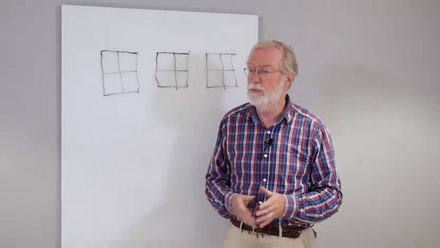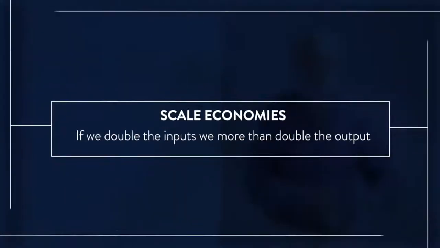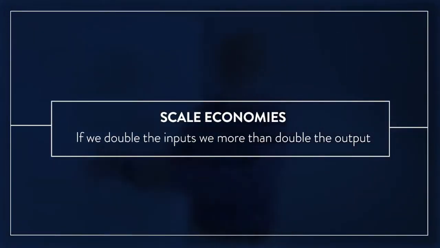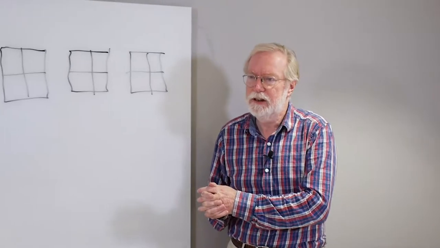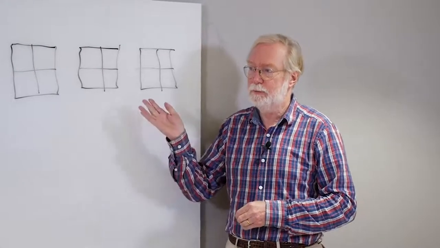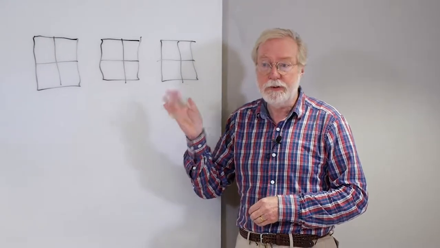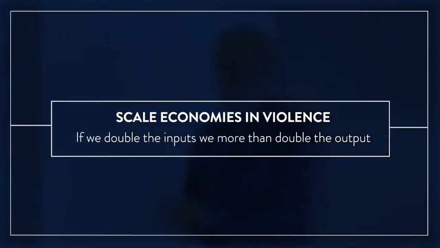What scale economies means in the world of production is if we double all the inputs, we more than double the output. Well, we're not going to do scale economies in production, we're going to do it in violence. But it's going to be the same concept. If you double the inputs into violence, you more than double the output.